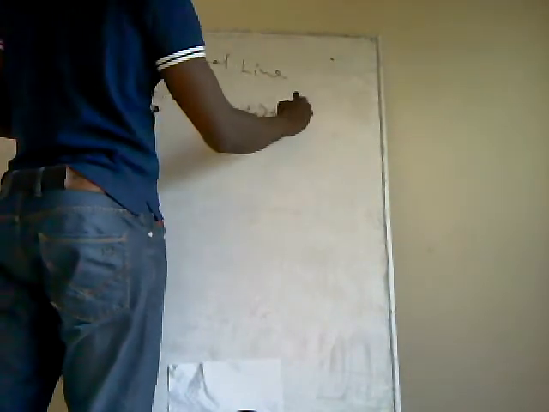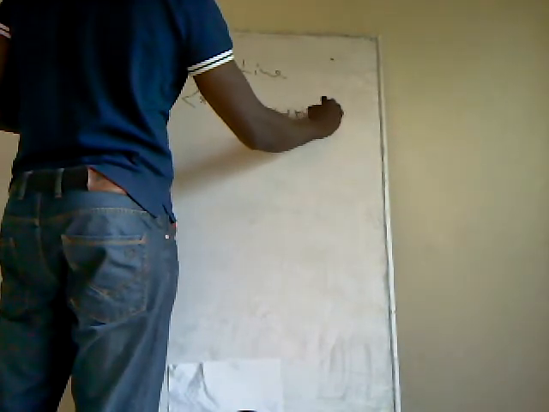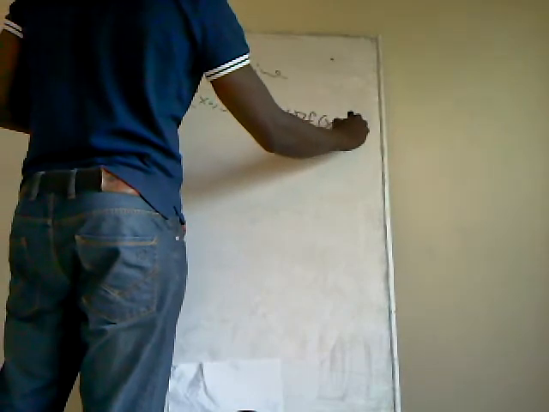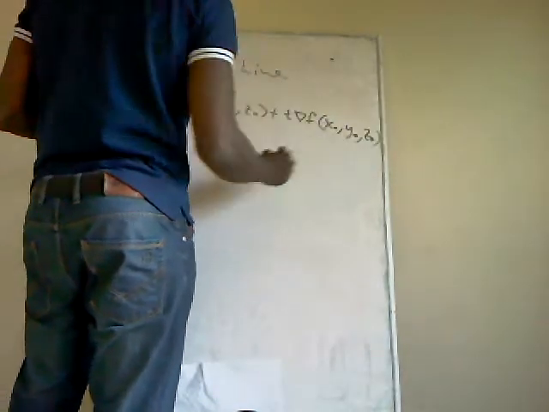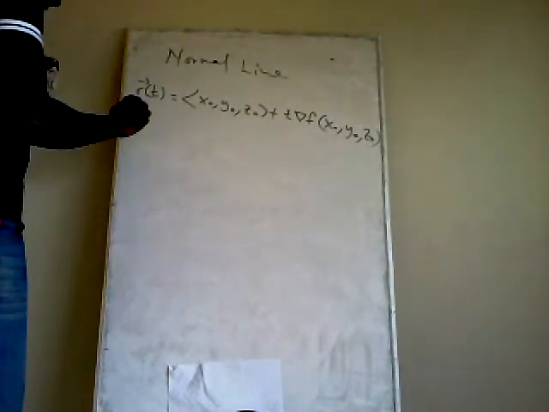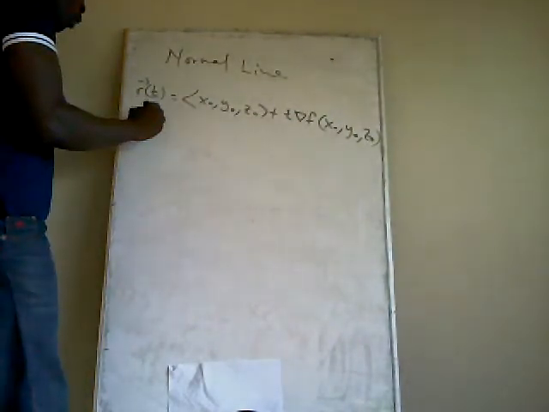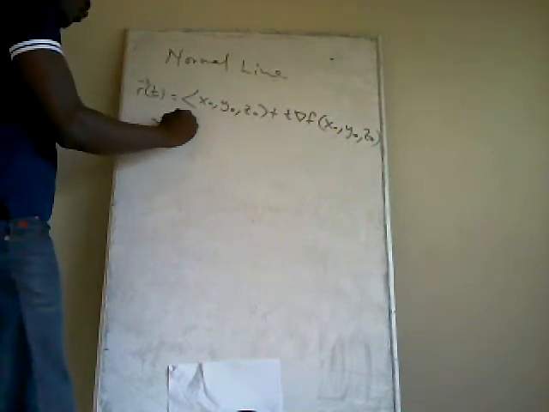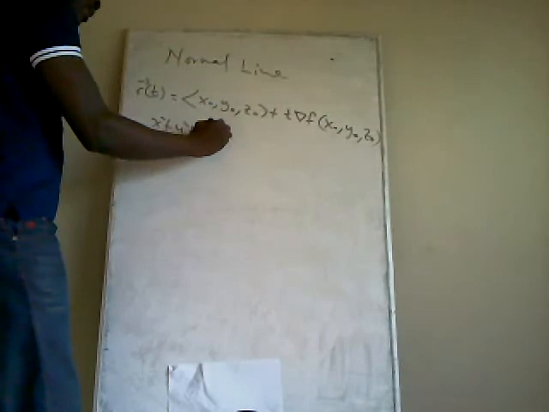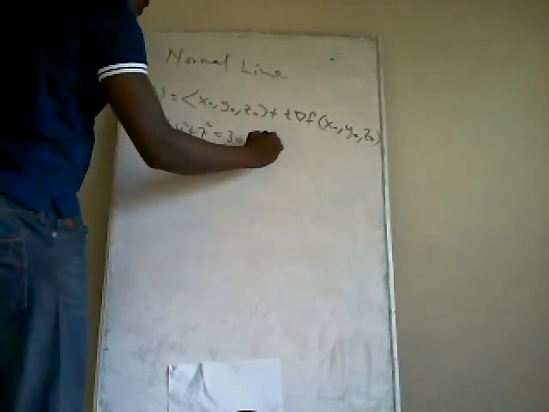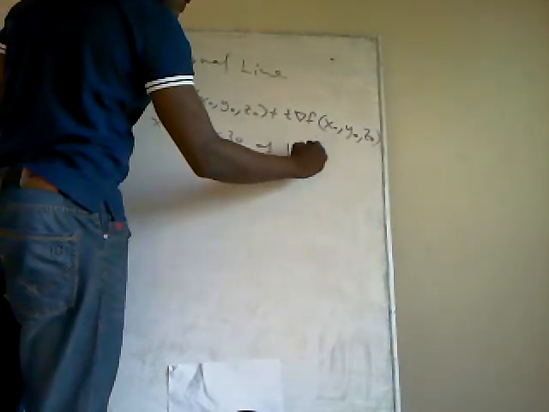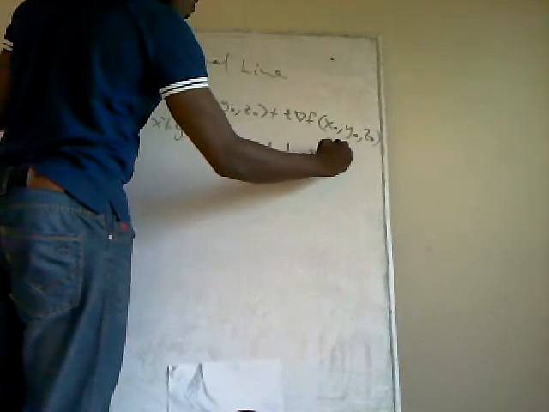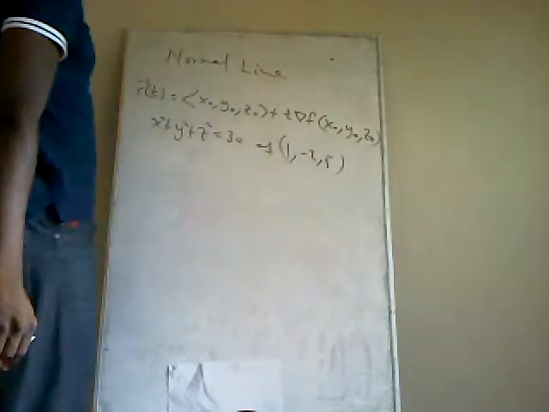Now, simply let's look at the normal line to x squared plus y squared plus z squared equal to 30 at the point 1, minus 2, 5.